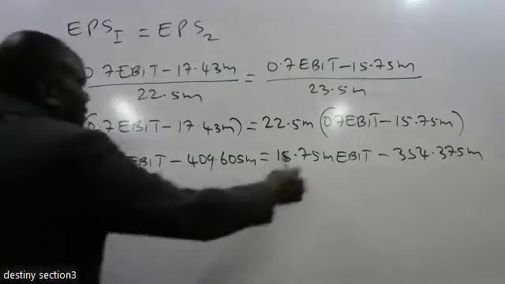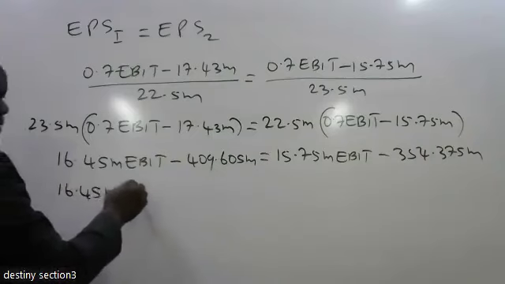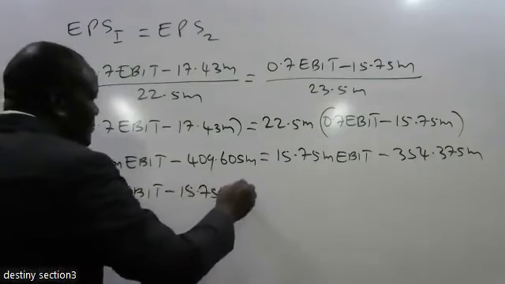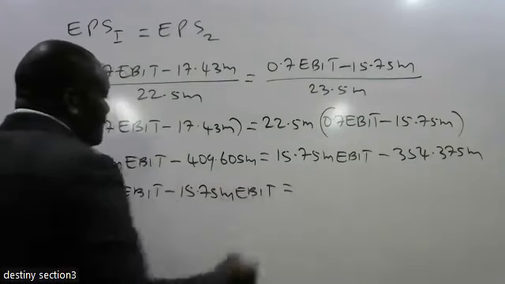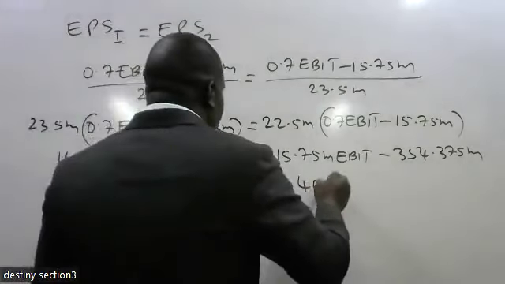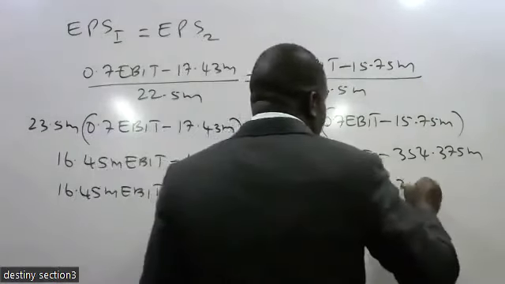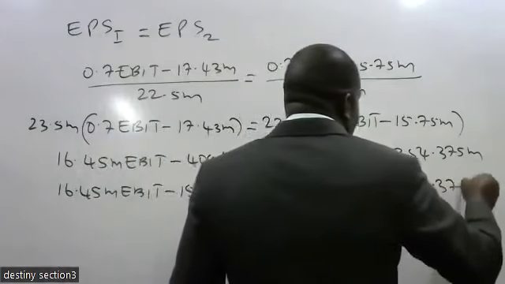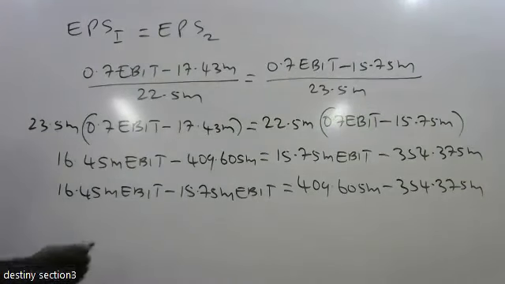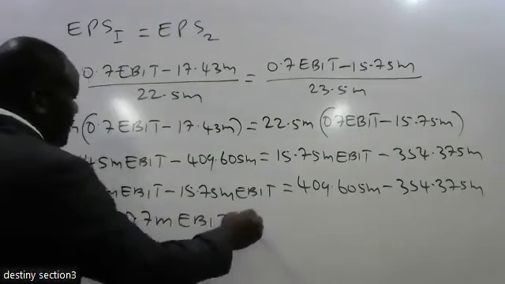So when we do that, it becomes negative. When this one also comes out, it will be 409. We also minus. So when you subtract, you are getting 0.7 million earnings before interest and tax.